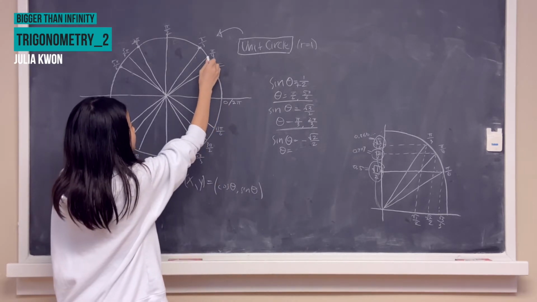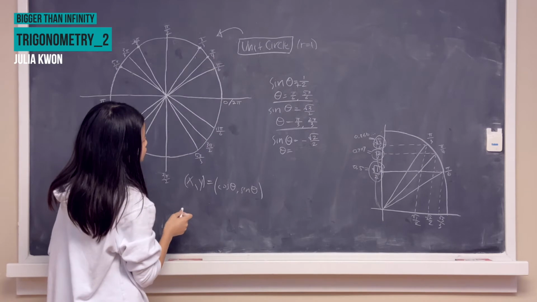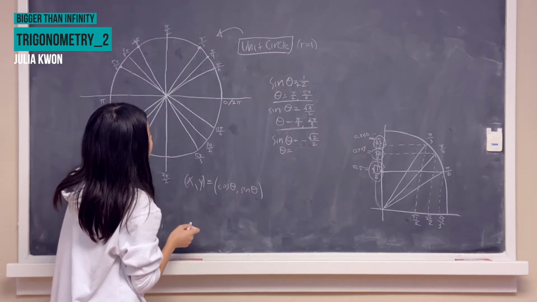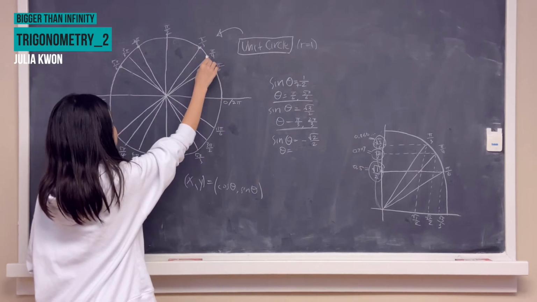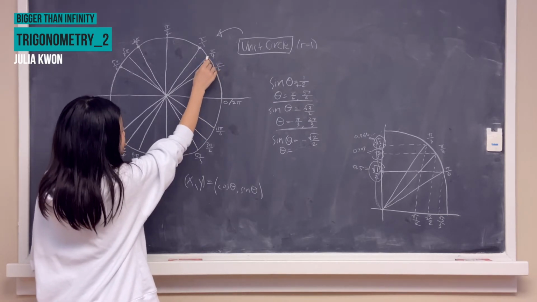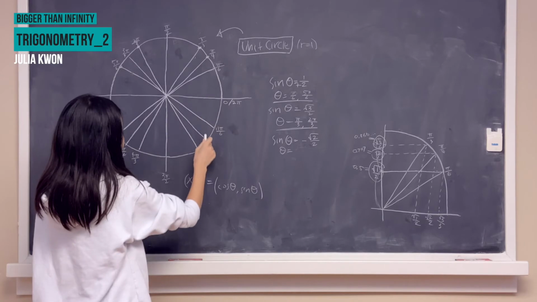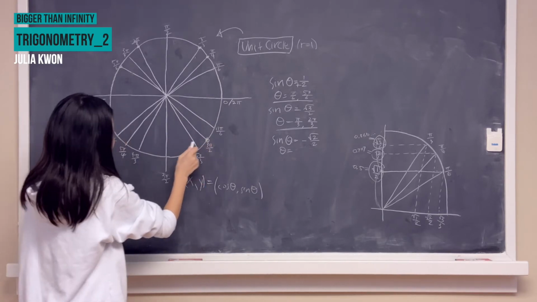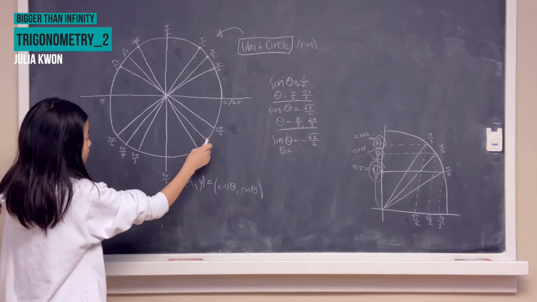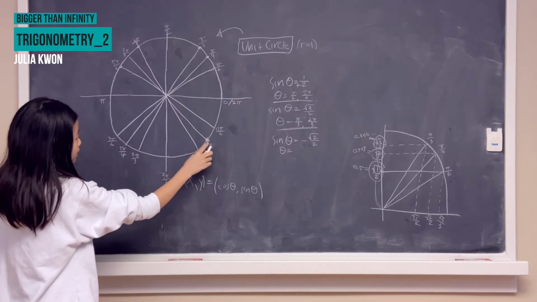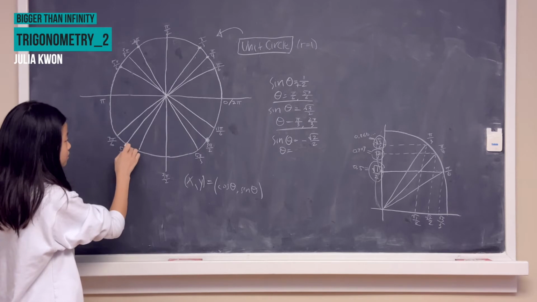So we get square root of 2 over 2 when we have sine pi over 4. And so to get a negative square root of 2 over 2, we're going to have to get one that is across and one that is in the negative part of the y-axis. So this is one of the answers, and this one is another.